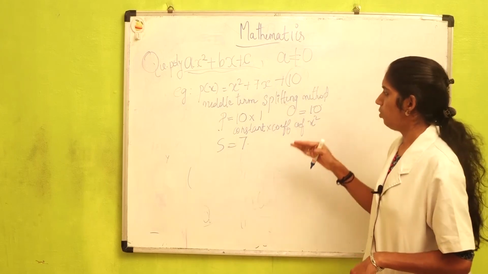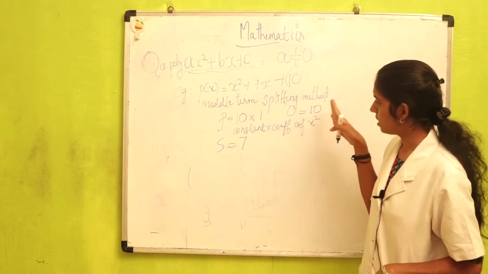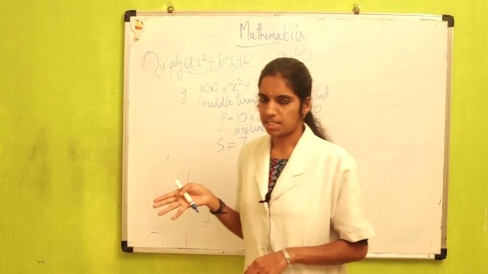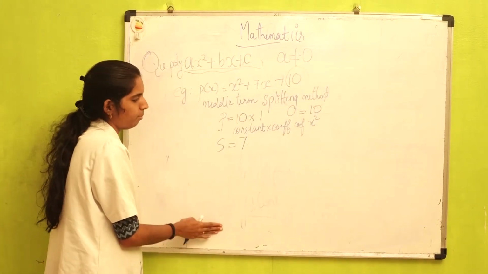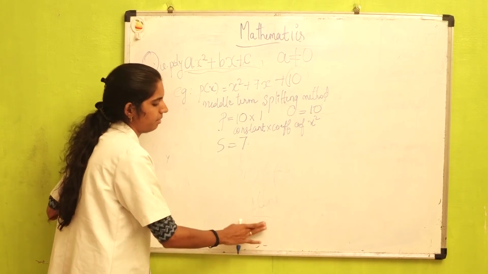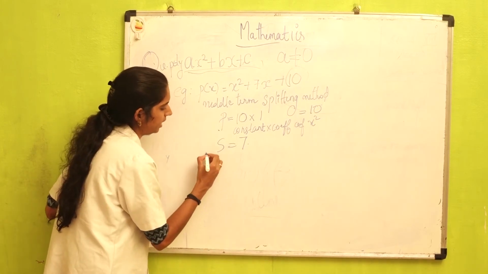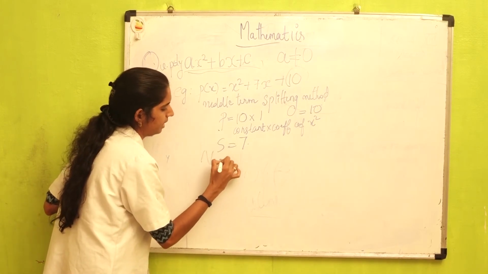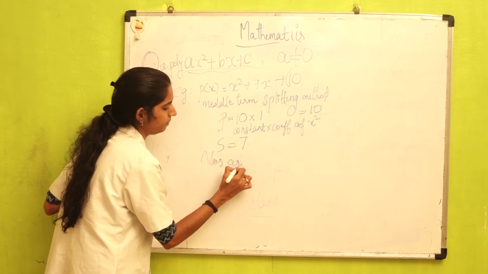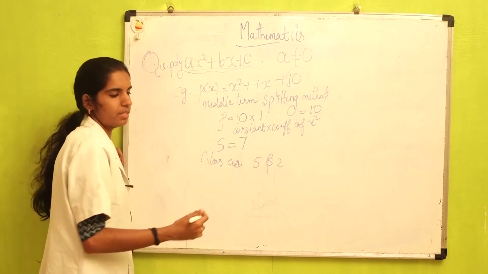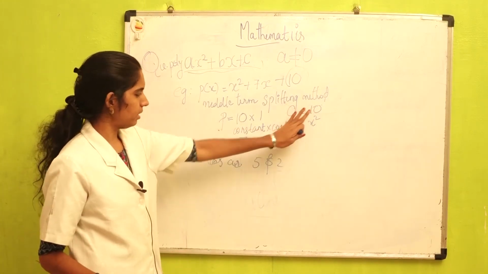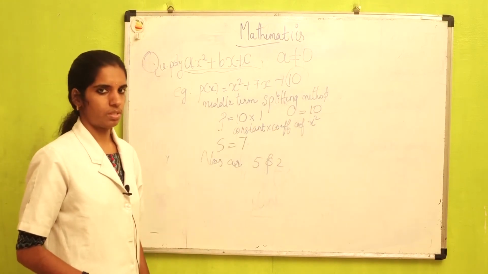Okay, and you should find two numbers in such a way that the product is 10 and the sum is 7. So what are the corresponding numbers? If I consider the numbers as 5 and 2, so 5 into 2 becomes 10, 5 plus 2 equal to 7.